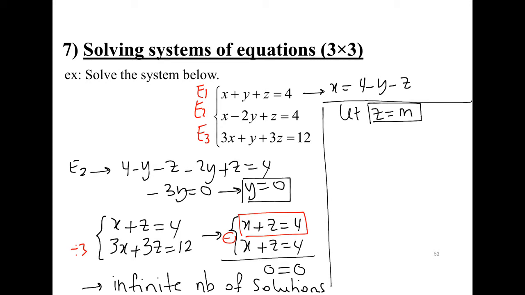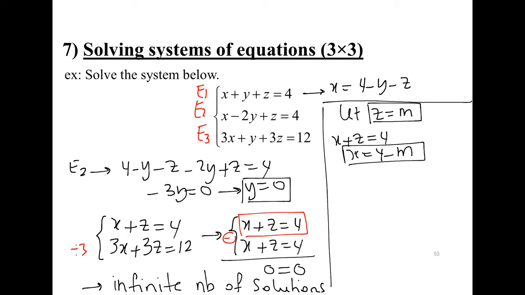Over here we considered z as m. So we go back to that equation, x plus z equals 4, then x would be 4 minus m. Now over here we have z and x both written in terms of the parameter.